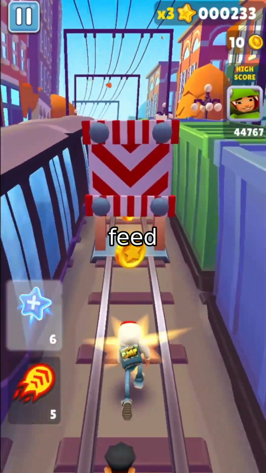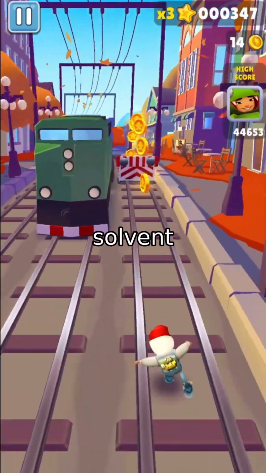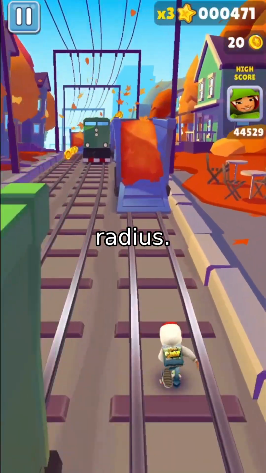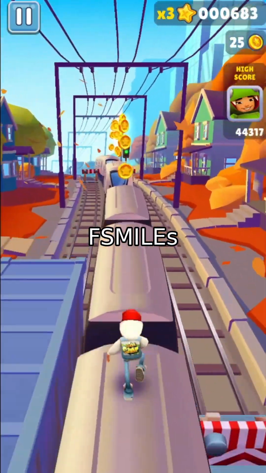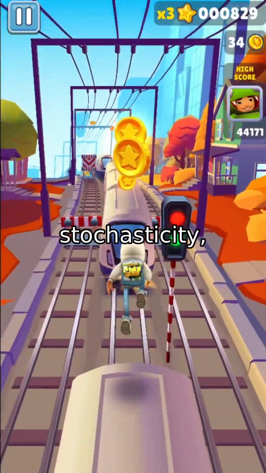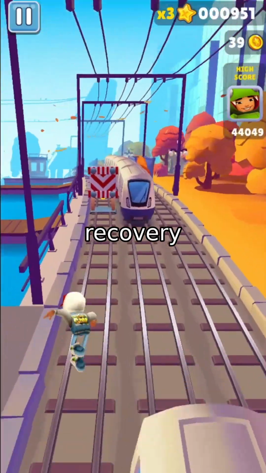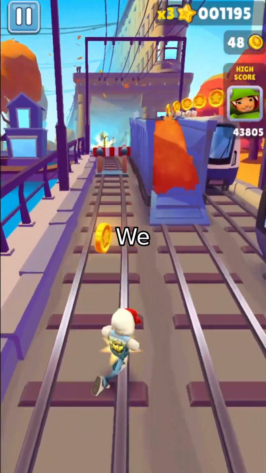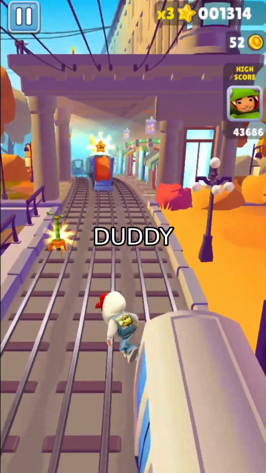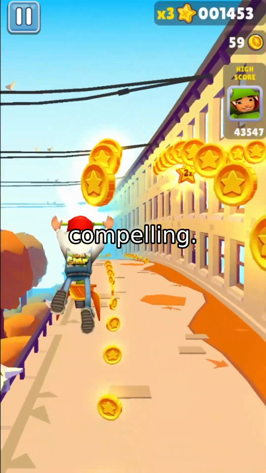At inference time, we feed in the filler ED, which now includes solvent molecules within a 4.5 angstrom radius. The model generates the ligand token by token, sampling FFT-based and relative geometry with temperature-controlled stochasticity, while the constrained coordinate recovery ensures the final 3D structure remains physically plausible. We tested this across 101 targets from the DUD-E benchmark, and the numbers are compelling.